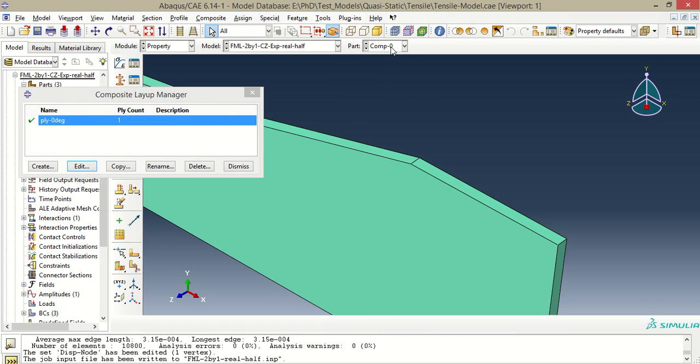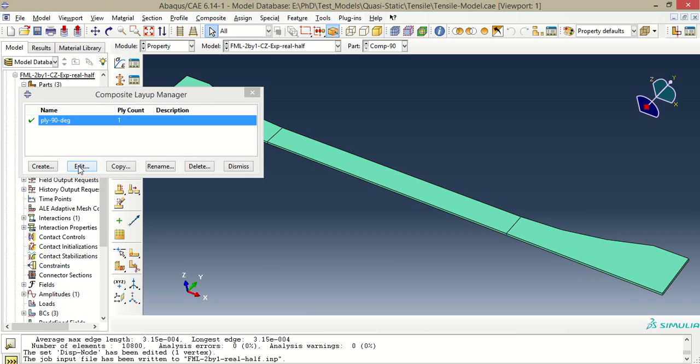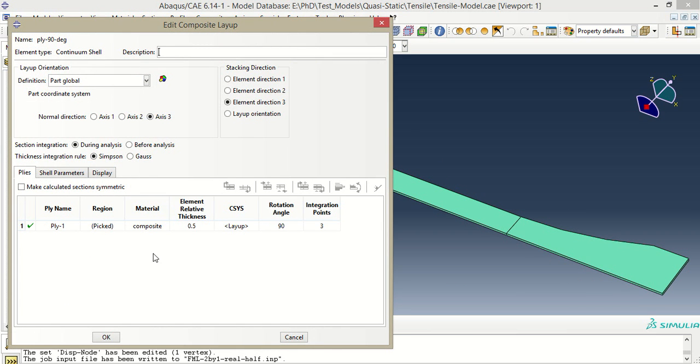Similarly, a 90-degree composite is made. It's important to realize that the material I have chosen in both cases is the same. When I choose the composite 90 degree, or the composite transverse direction, I rotate it by 90 degrees. Whatever properties you have in the 0 degree become those of the 90 degree.